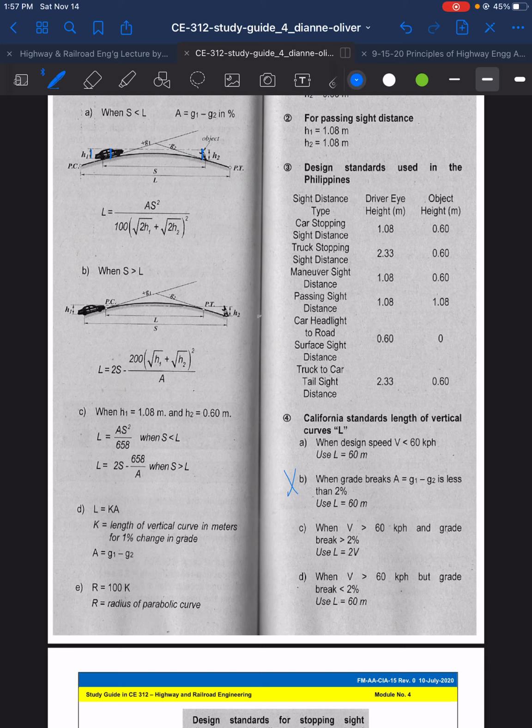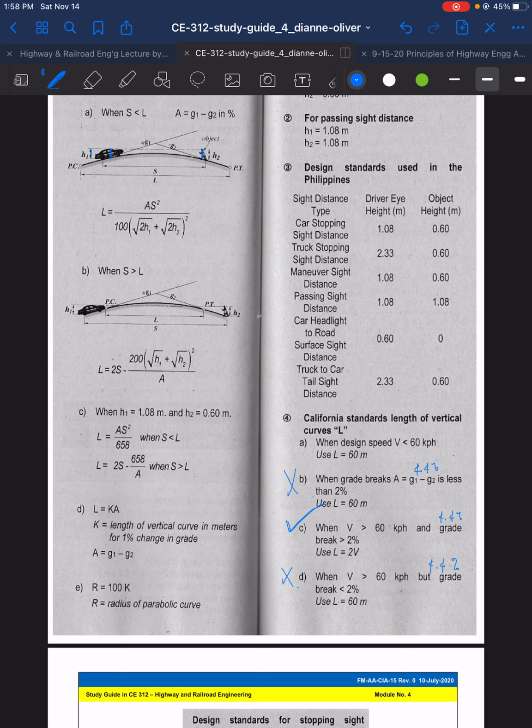For letter C, the grade break is greater than 2%. If grade break of 4.4% is greater than 2%, yes, we can use this one. When the grade break 4.4 is less than 2%, we cannot use that. Okay, so we are going to go for C.